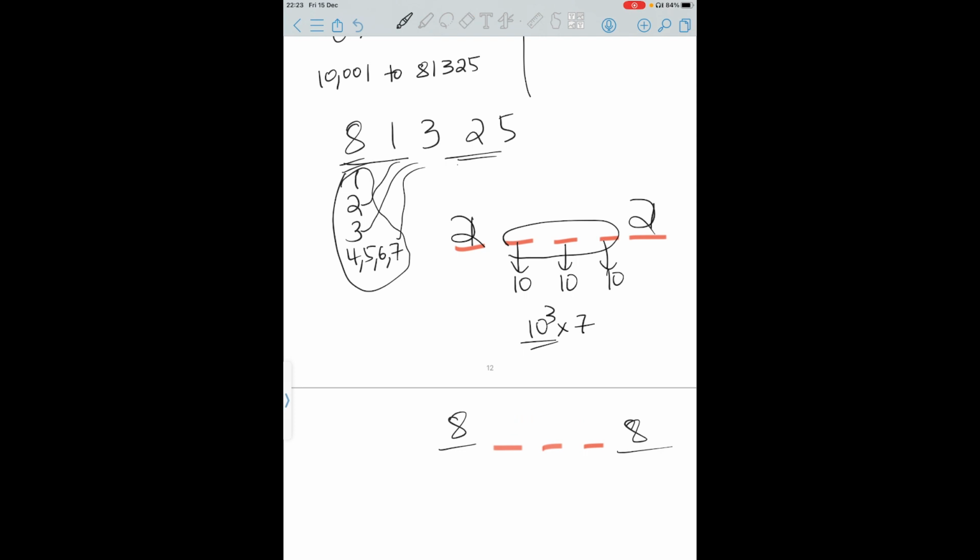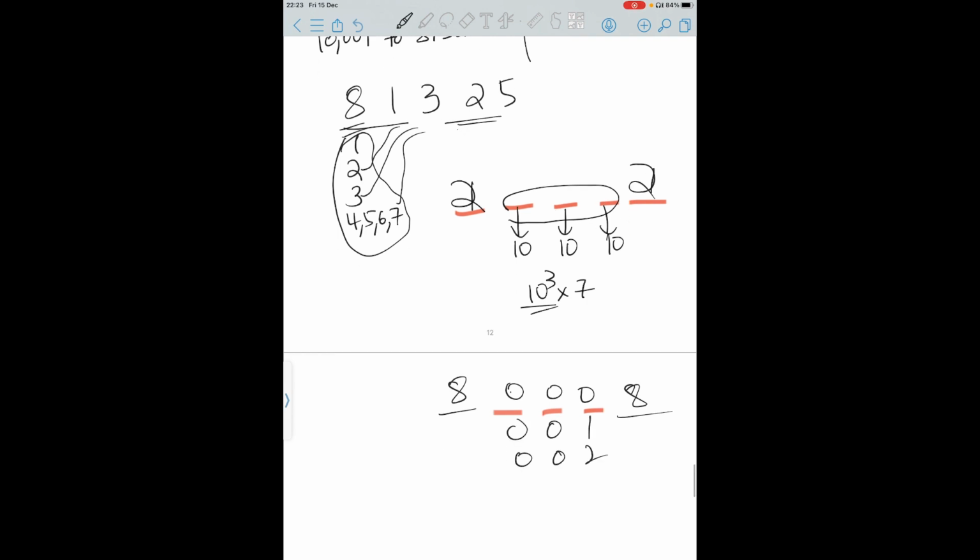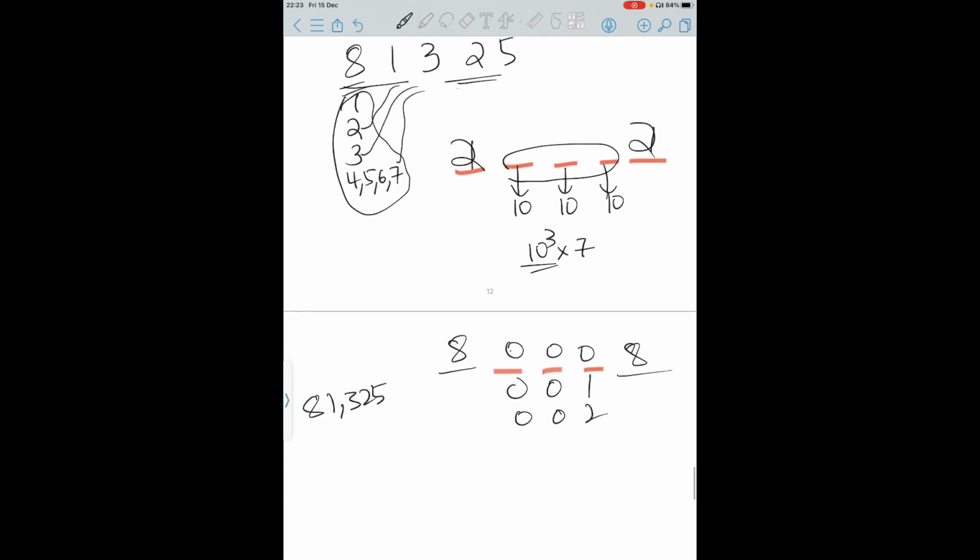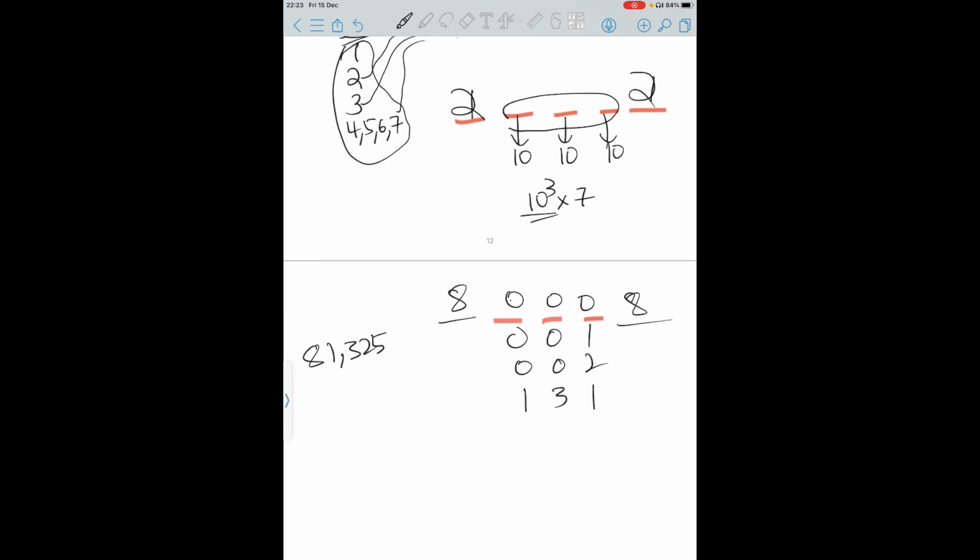If you have 8 here, then you can fill these three digits with 000 or 001 or 002, because these values are less than 81,325, until 131. 81,318 is still less than 81,325.